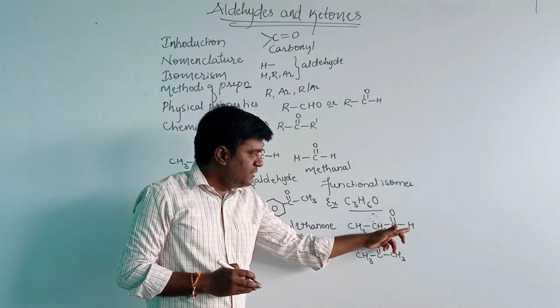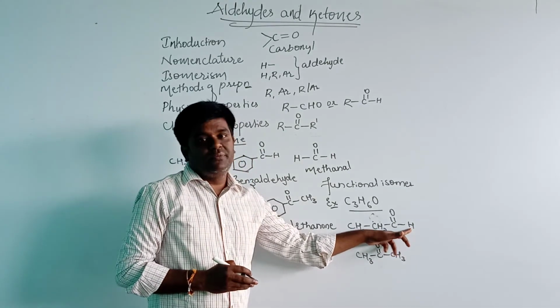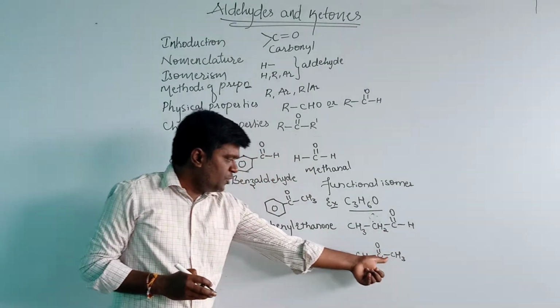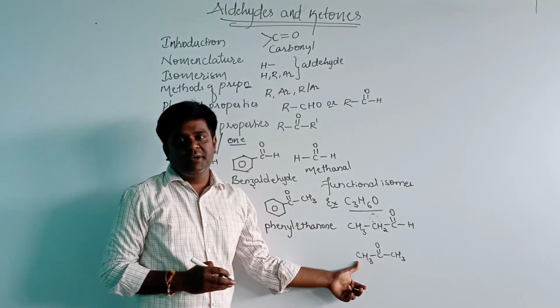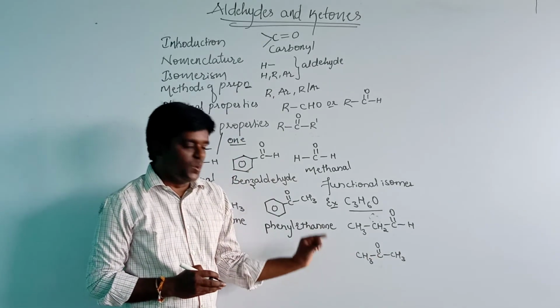Here one of the valences is satisfied by hydrogen, therefore such compounds are known as aldehydes. Here both the valences are satisfied by the alkyl group, therefore such compounds are known as ketones.